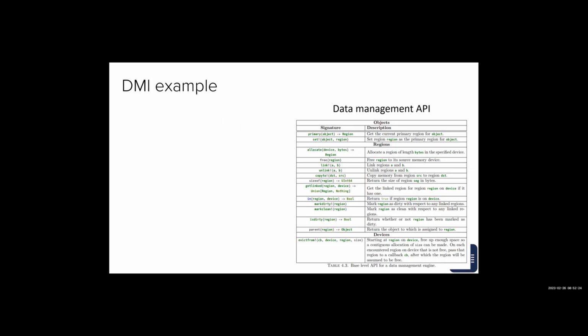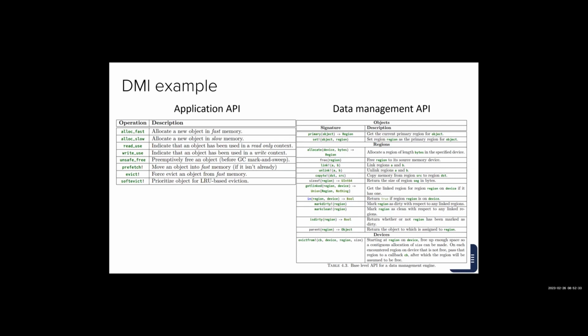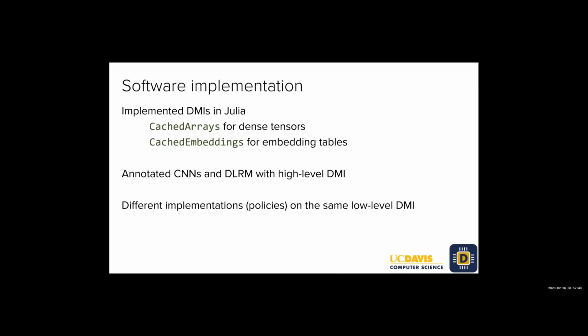Here's the low-level data management API in Julia, which is complex and would be hard for a programmer to use. And here's the high-level API, which is much easier for a programmer, or someone working at the TensorFlow level, to understand. We think this can be done automatically by the compiler, but we haven't looked too far into that yet.